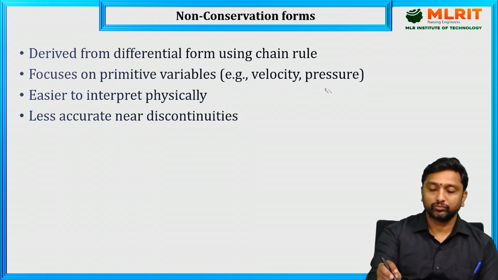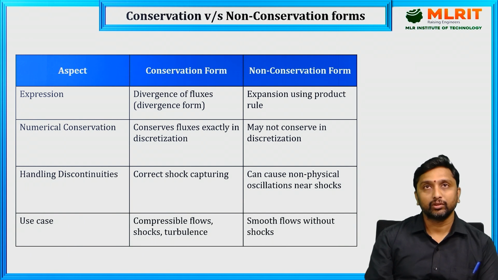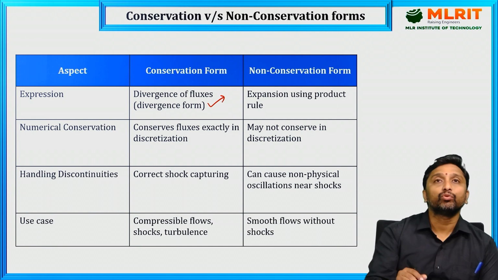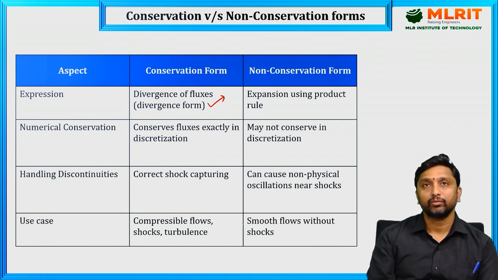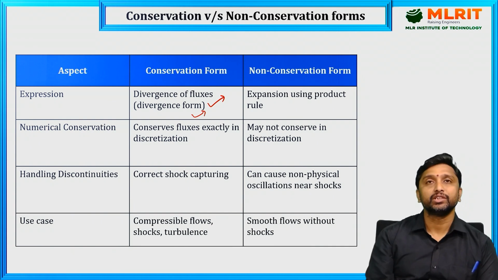These are certain differences between conservation and non-conservation form of equations. The conservation form has divergence of fluxes. We call them divergence form or divergence equations. Conservation form can also be called divergence equations.